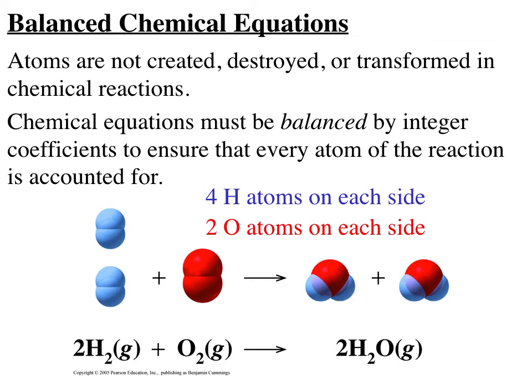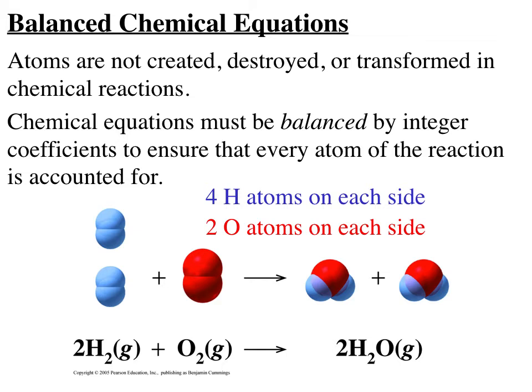So in order to get two O's onto the right side of the equation from the two O's that we began with on the left, I put a 2 on the product side, but I put it as a coefficient in front of the water molecule. Now I do have two O's on the left side of the equation, but I have two H2O molecules, which means I have four H's on the right side.